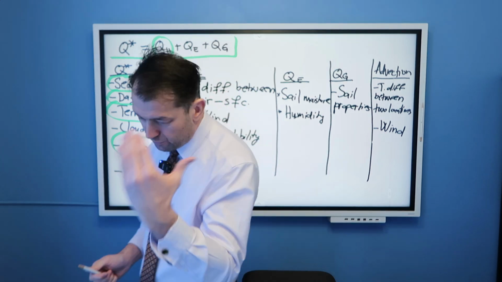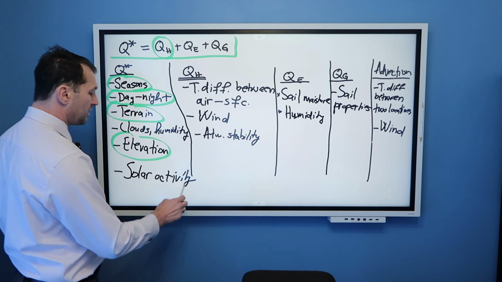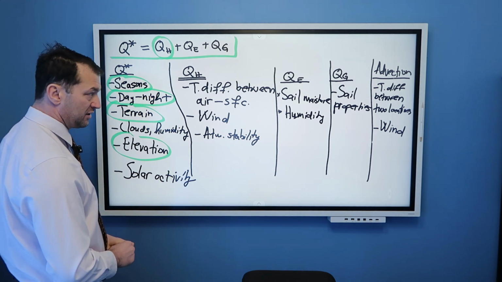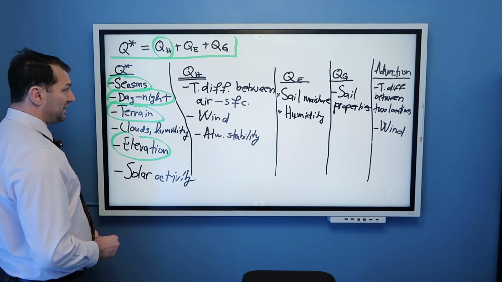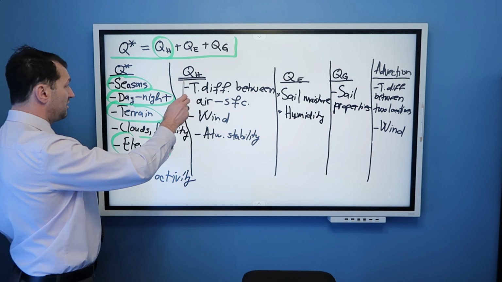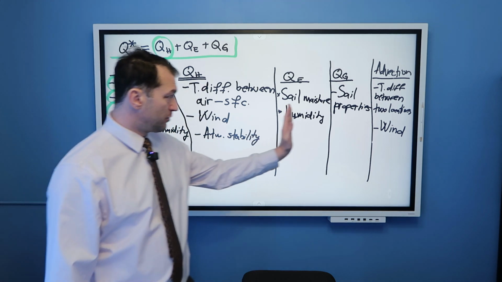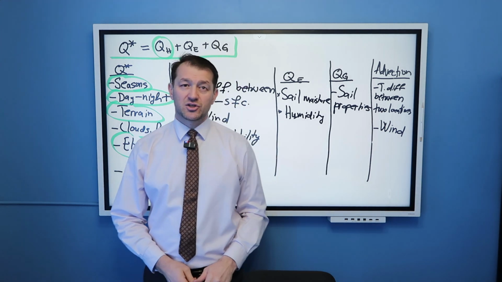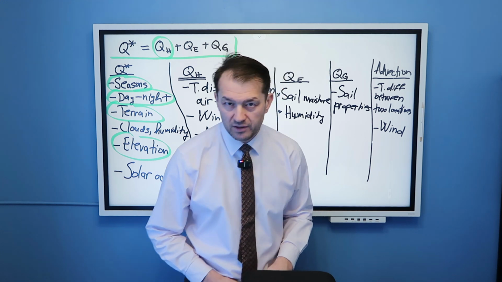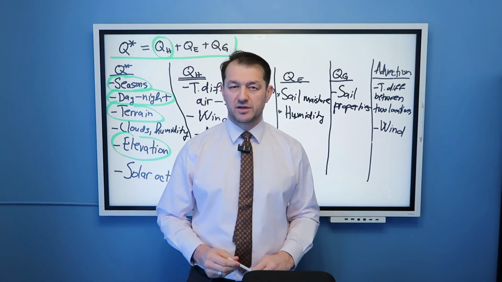But it is not, so we should know it is not exactly constant. At any rate, I talked about solar activity in great detail in chapter 2, so it will not be covered in this chapter. But in this chapter we will mostly talk about temperature differences associated with Q star and QH, and these other processes will be discussed in the next chapter because humidity and moisture is such an important property of the atmosphere that it deserves its own chapter in this playlist.